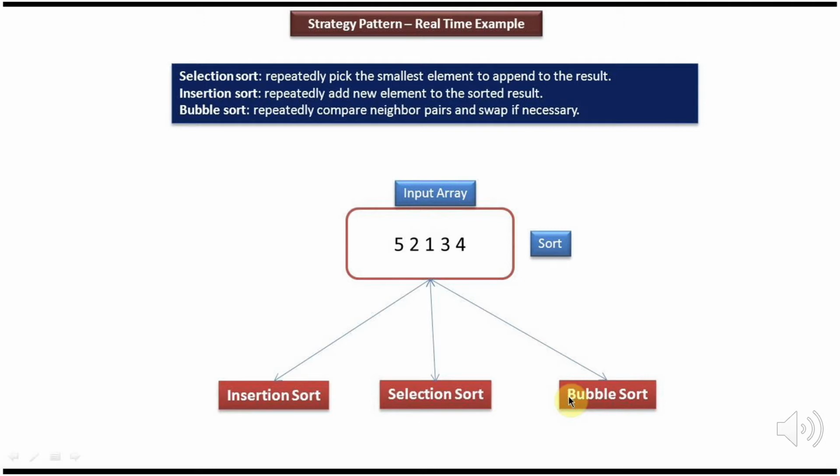For example, let's say we have numeric data, and we have three sorting algorithms such as insertion sort, selection sort, and bubble sort. And we want the user to choose any sort at runtime. We can implement this scenario using the strategy design pattern.